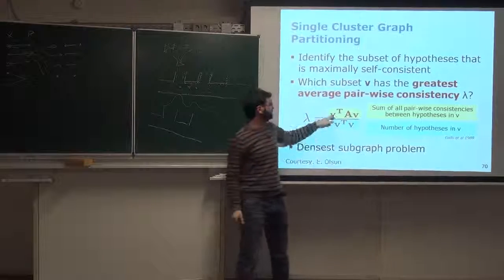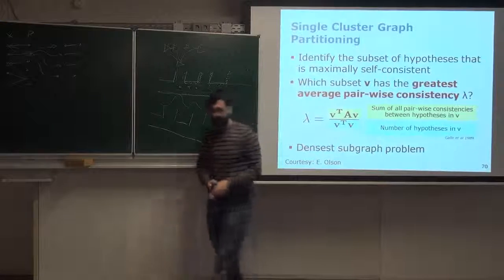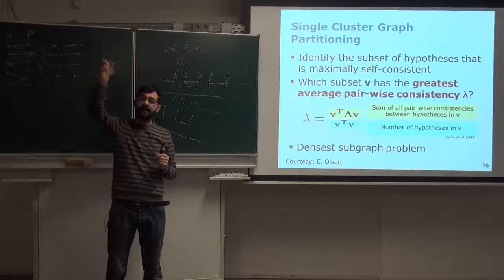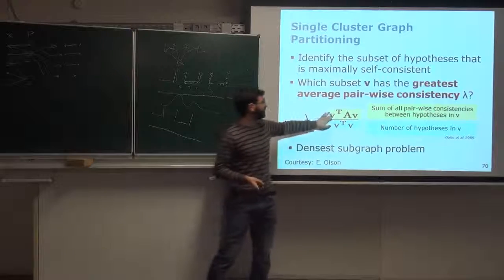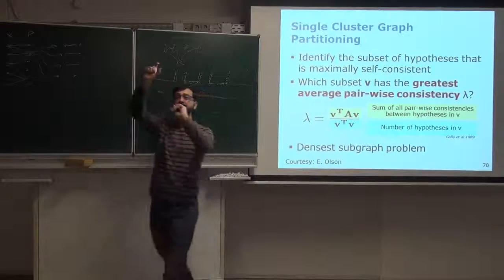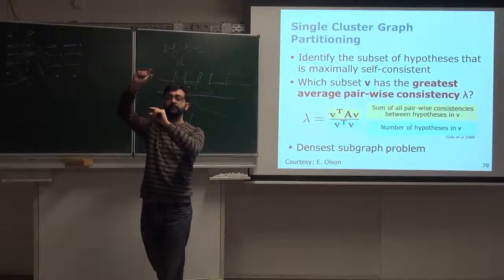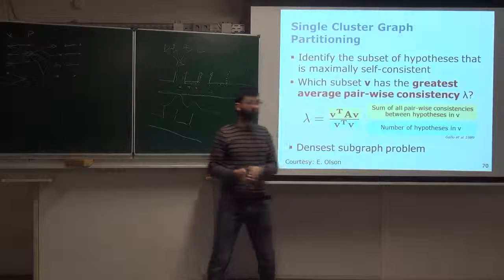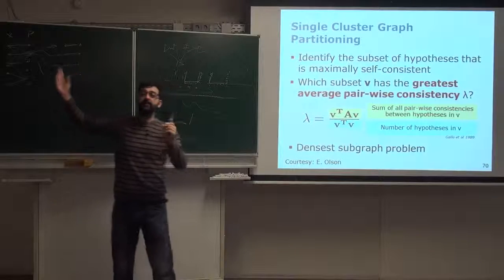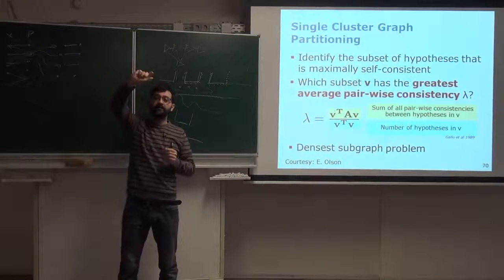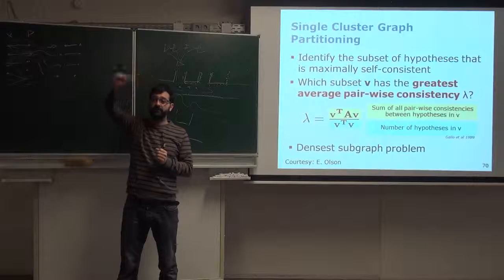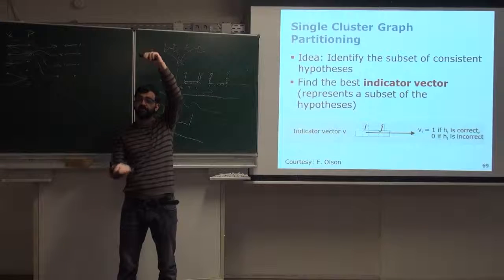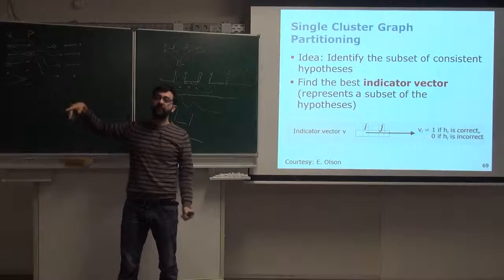Okay? So this v transpose A v is basically summing up all the elements ij whenever v is 1 in i and j. When you multiply v transpose A, you're summing up everything where i is 1, and then when you multiply on the other side, you sum up whatever from this resulting vector where j is 1.